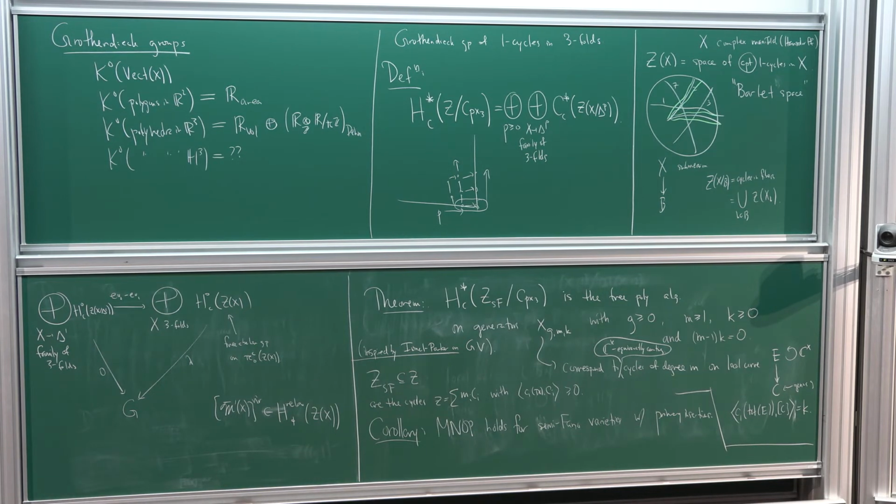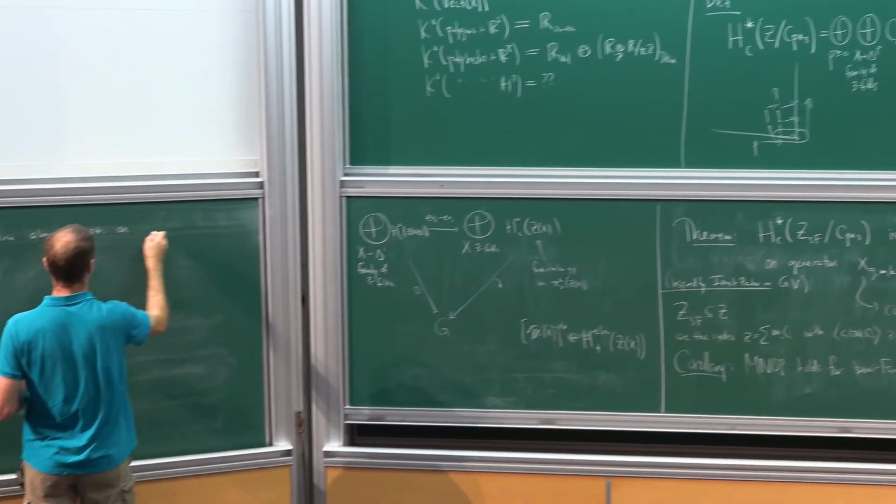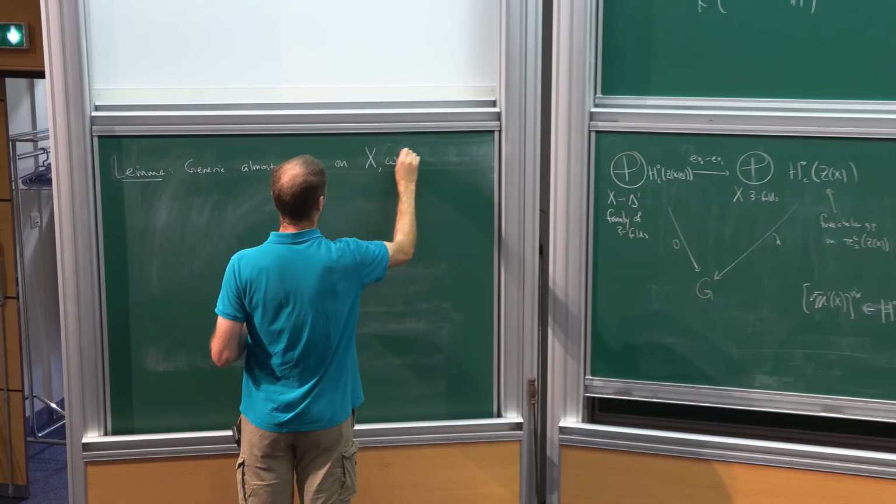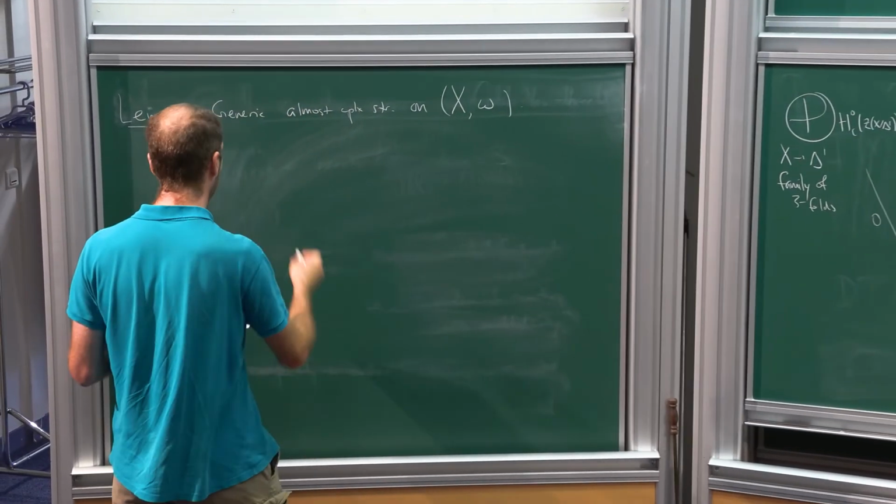Okay, so let's talk about the ideas of the proof of the theorem. The first thing is a well-known fact, which I'll write as a lemma: generic almost complex structures on a symplectic manifold make all simple curves, meaning not multiply covered, regular.